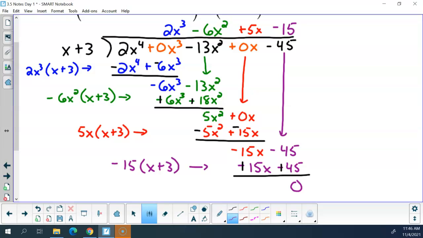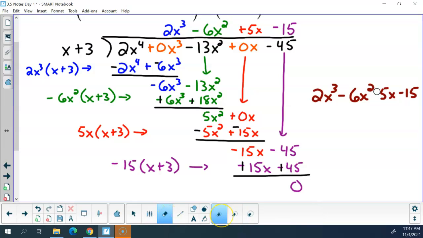Okay. So the answer here is 2x cubed minus 6x squared plus 5x minus 15. That's a bad plus.